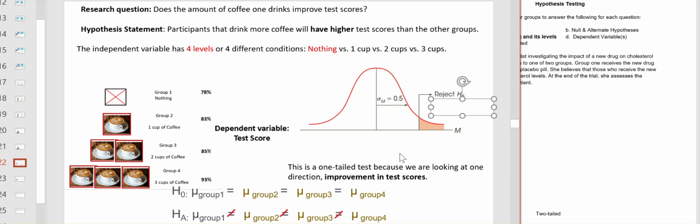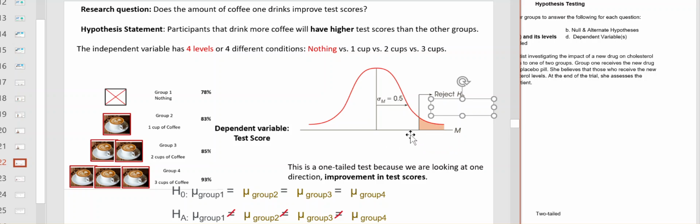in the class when it comes to maybe a test or quiz performance. In this case, we are saying that the group that receives coffee has the highest performance, and we're putting all of our information in our prediction on the right side because we think this is the way it's going to go. It's going to be in this direction, which is the right tail, the positive side of the distribution.